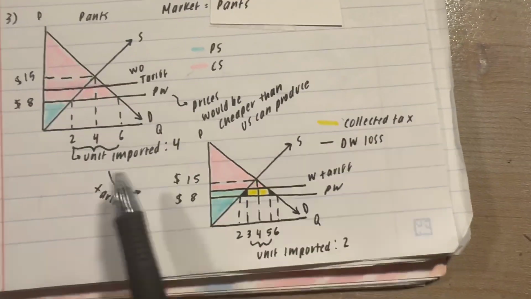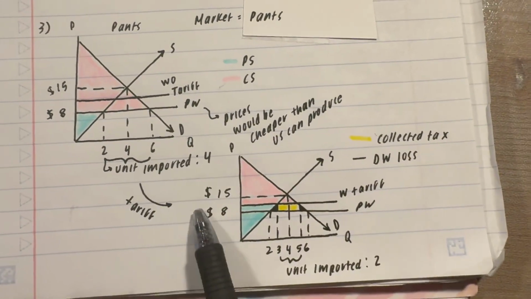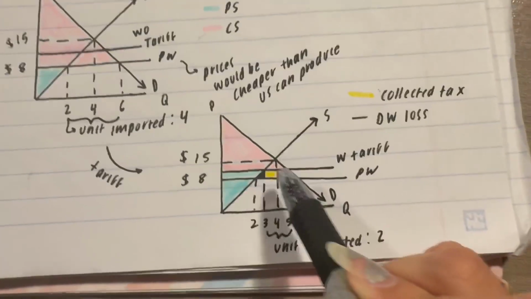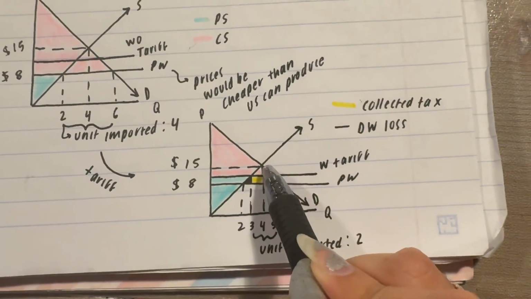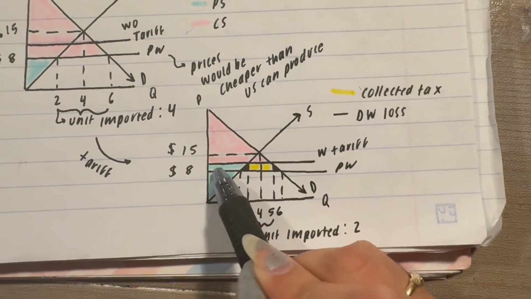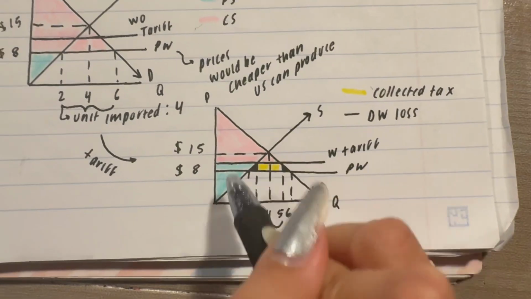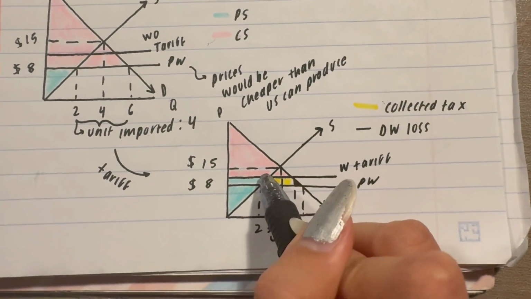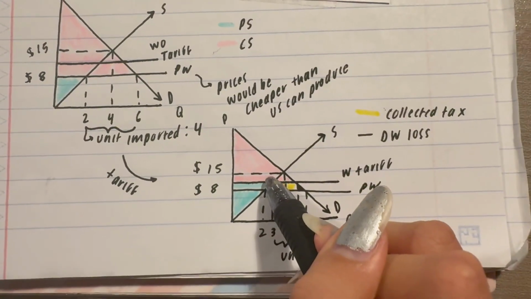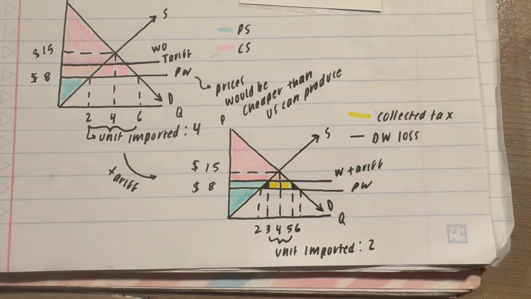Looking over here, let's say that the government imposed a tariff right in between the world price and the domestic price. This would cause an increase in the producer surplus and a slight decrease in the consumer surplus.